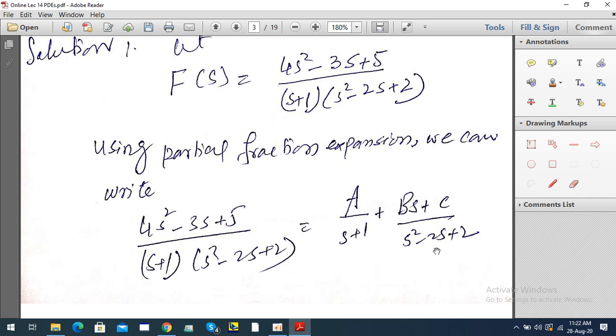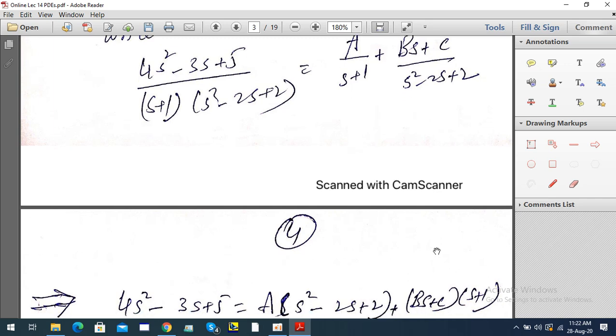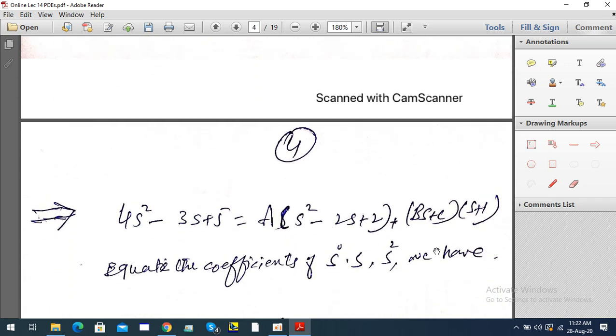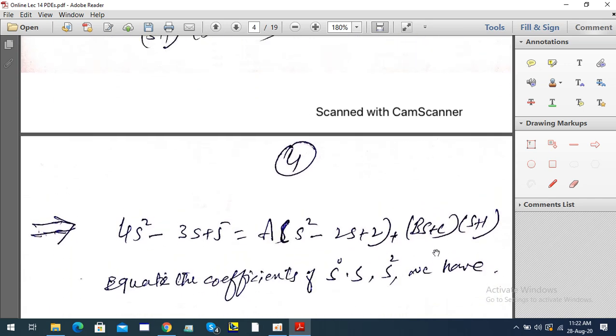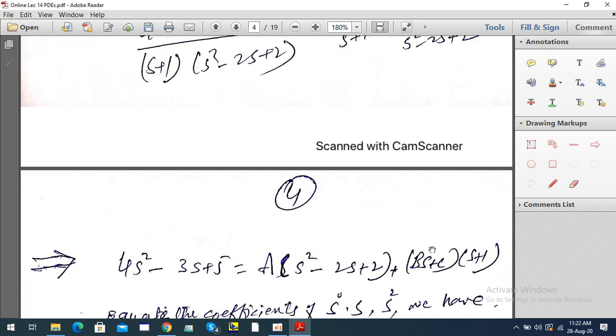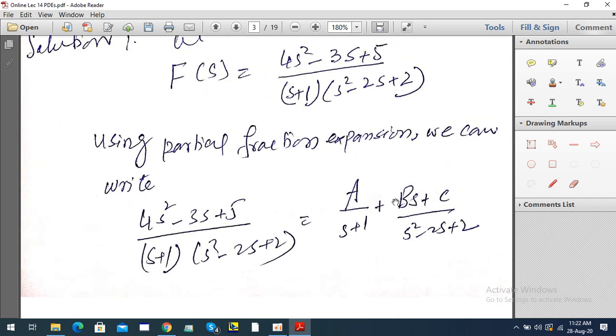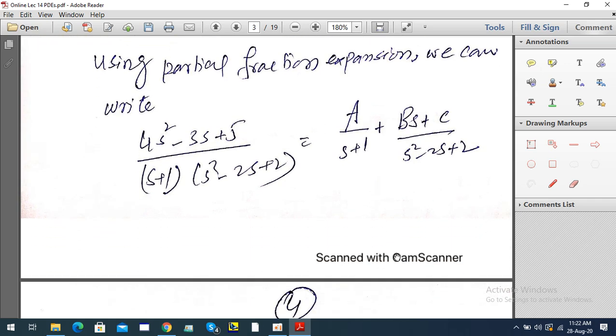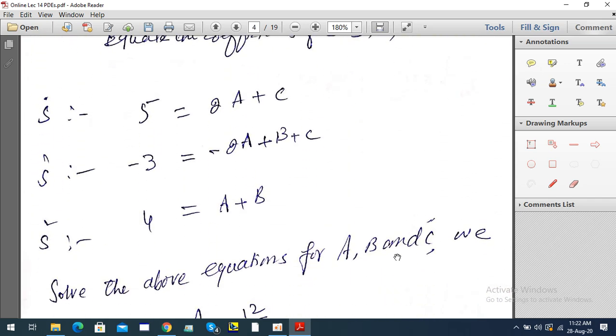Okay, you already use this, so it's not a big deal. Our objective is to find A, B and C. By simplification, I have used a very simple method for intermediate students.